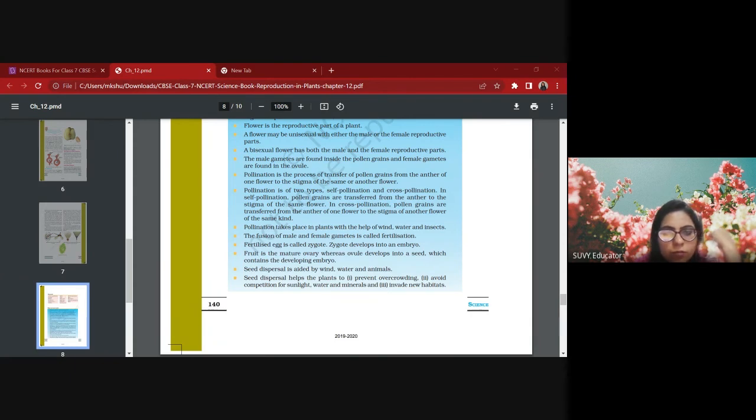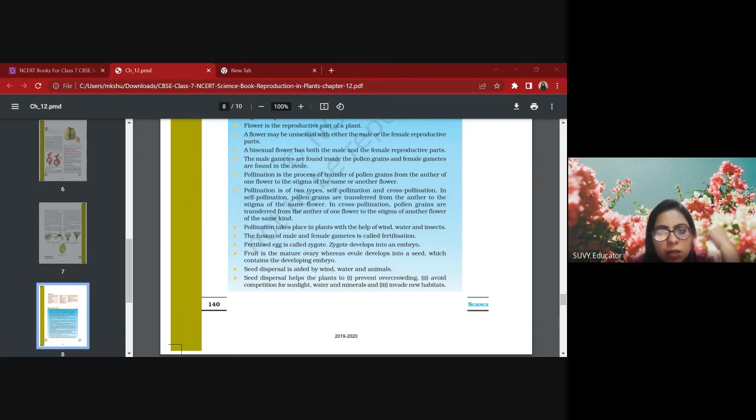So we have discussed the flower, the male and female reproductive parts: stamen, anther, filament, stigma, style, ovary. The male gamete is pollen grain that is developed in the anther, and the female gamete is ova that is developed inside the ovary. Now there is one more thing, known as fertilization. What do you mean by fertilization?